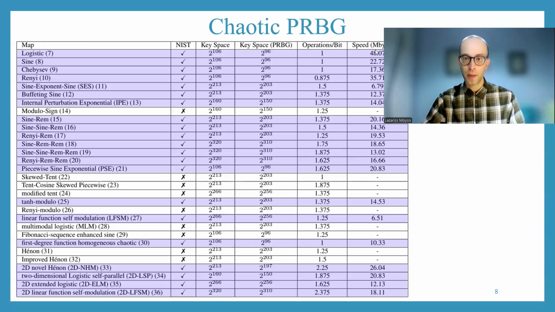For example, the logistic map has 48 megabytes per second, which is a very high speed, but other maps have also good speeds. We see here 22, 17, 35, 20, 14, 19, 18, 16, 20, 14, 16, 20, 18. So you see the megabytes per second is very, very good in most of these maps. Okay, this is very comparable to other state-of-the-art works. Okay, so this is a very, very nice PRBG.